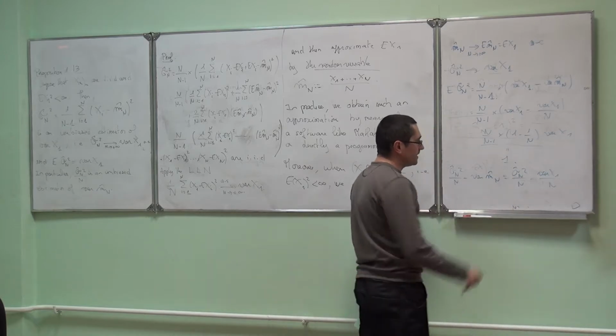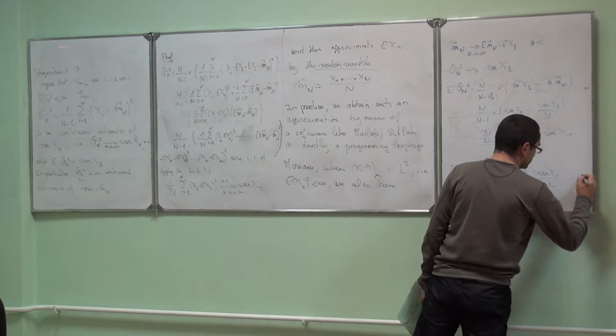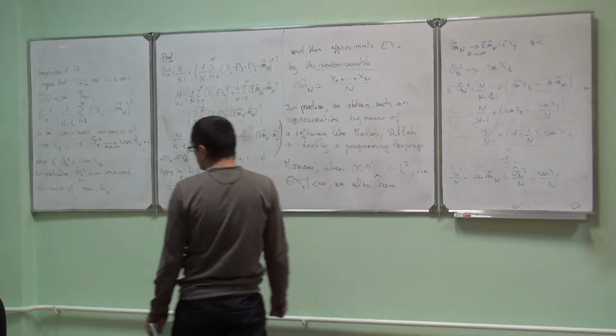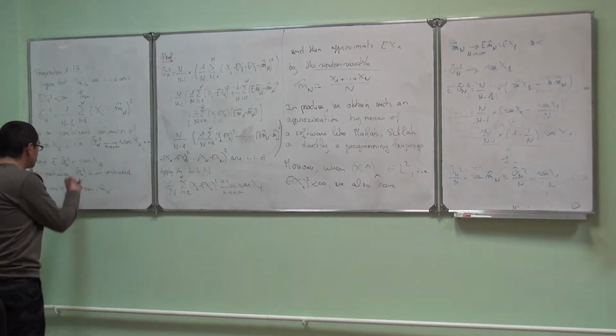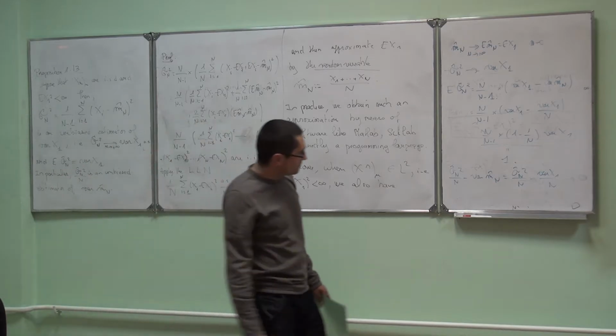So we know that sigma hat n square tends to var of x1, so this tends to 0. And moreover, you can also compute the expectation of this term, and you exactly get the variance.